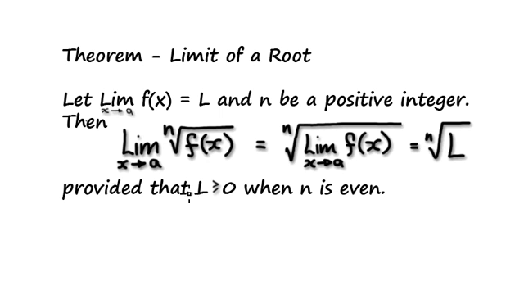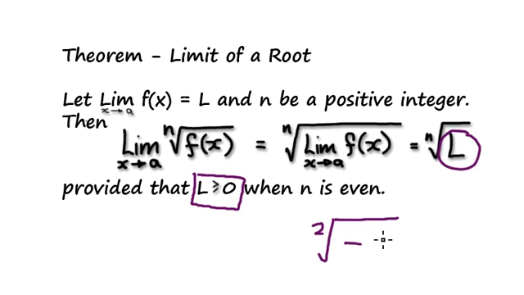And this bit here, provided that L is bigger or equal to 0 when n is even. So what this is saying is that, suppose you have a square root of something. Here, the limit cannot be, let's say, -4. So here's you trying to find out the square root of a negative number.